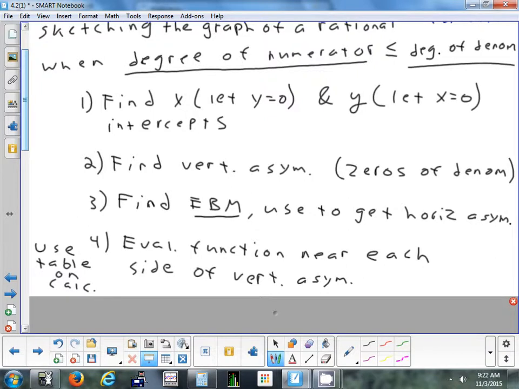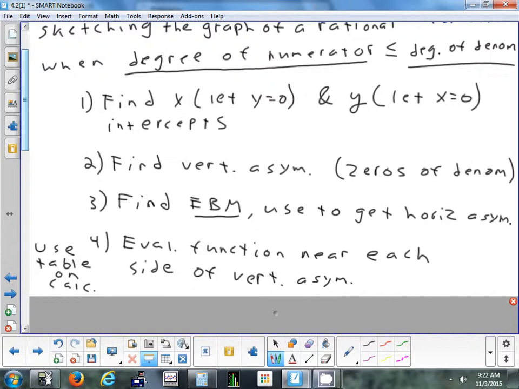We're going to check the behavior very, very close to the asymptote. So let's say we had a vertical asymptote at 2, or we thought there was one at 2. We're going to check the behavior on each side of 2, very, very close to 2, like 2.001. And then we're going to check on the other side, like 1.99. Just like I did when we had that hole when we graphed it.